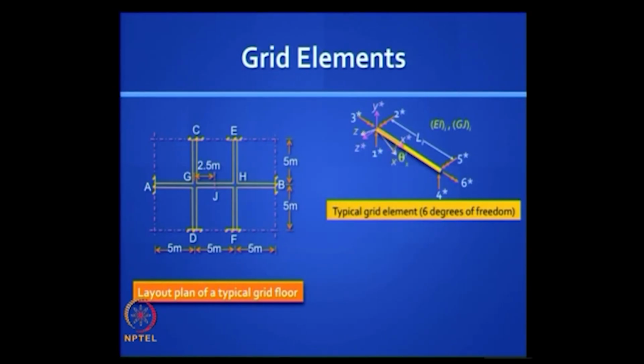and in general the axes in the global Cartesian coordinates will not be the same as the ones for the local coordinates. So you have theta, it is actually a rotation by the angle theta in the xz horizontal plane, and we will see how to derive the displacement transformation matrix for such a situation.